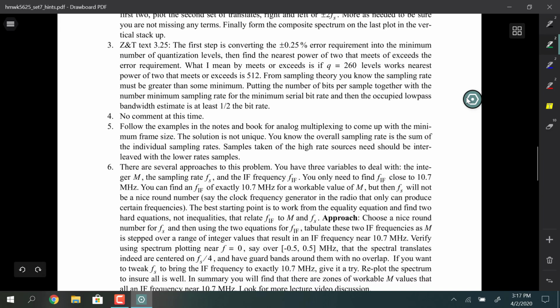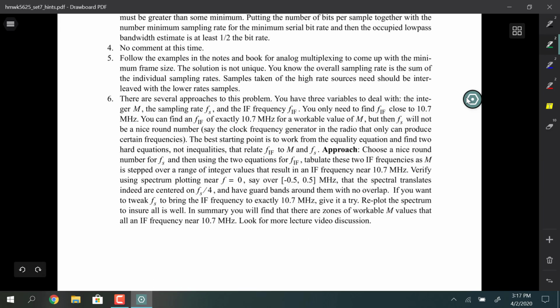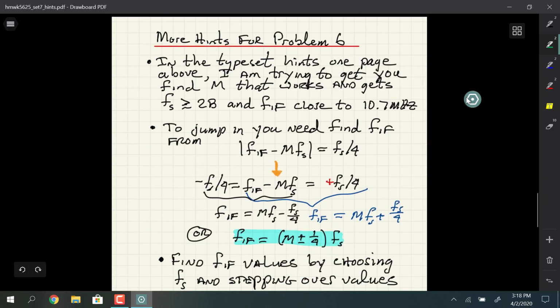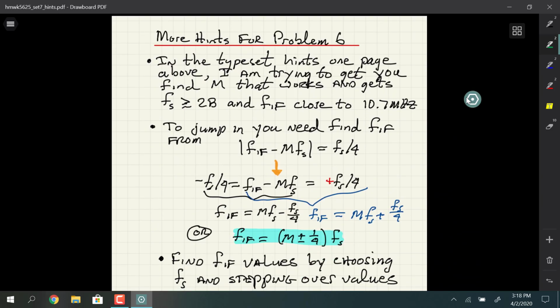So what I actually hint at in here is, I say what the best starting point is: work from the equality equation and find two hard equations that are not inequalities that relate FIF to M and FS. So this is the equation. That's the only equation I have in that problem.